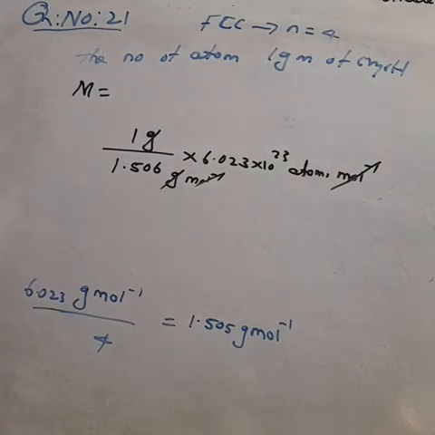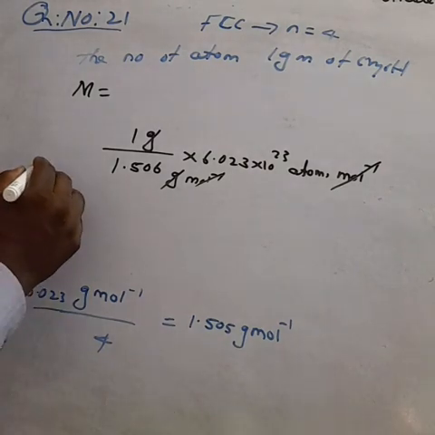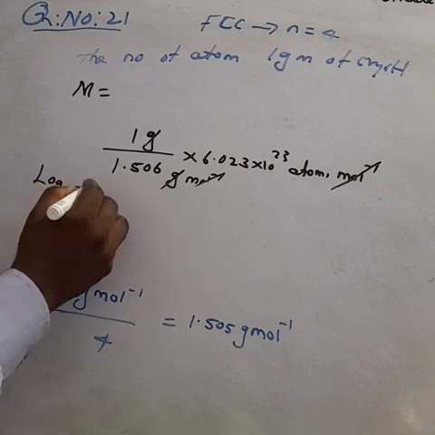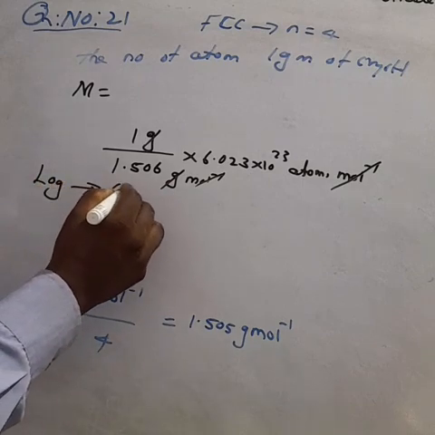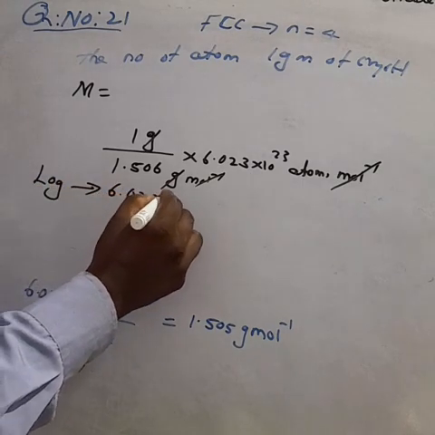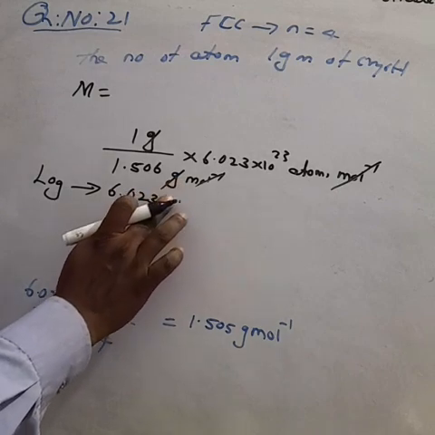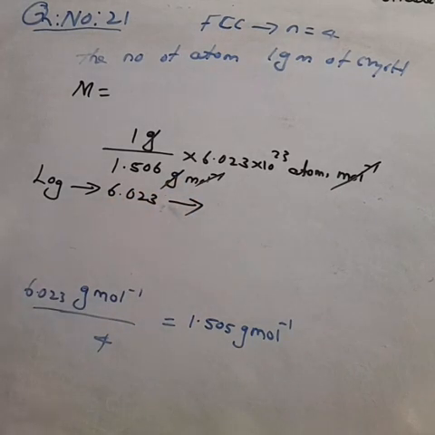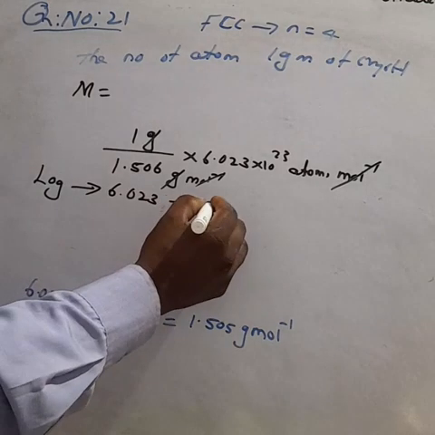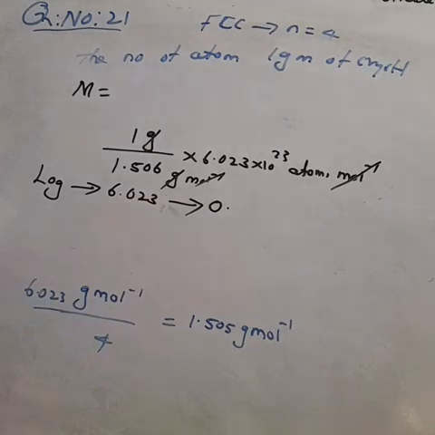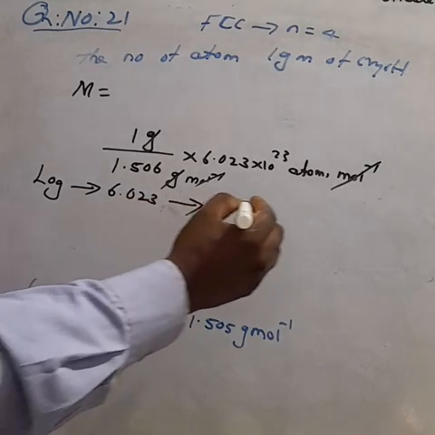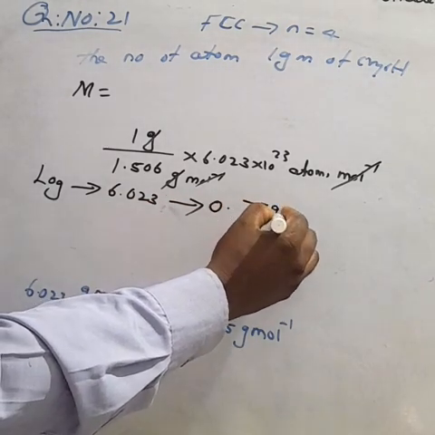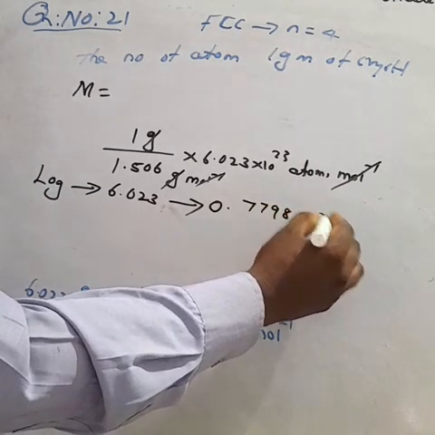So now I am taking the log. Log of 6.023. Take the log: 60 versus 2 and mean difference 3. Here the characteristic is 0 because it is a single digit. 0.7798, minus because it is a division.